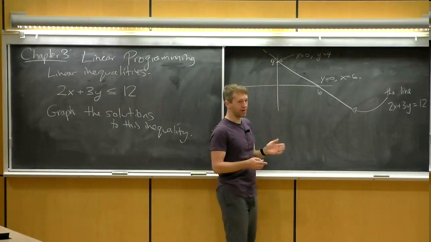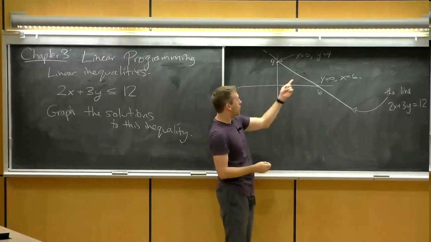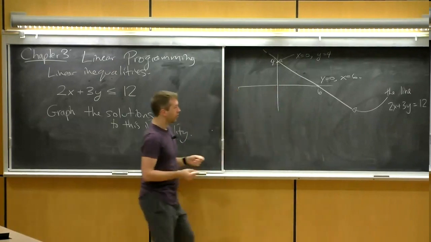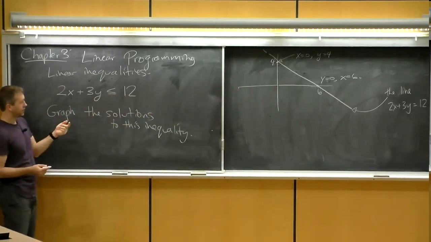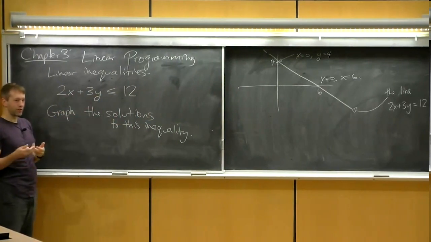It's going to be one or the other. On one side of this line, I've got the origin, which is a really simple thing, x equals 0, y equals 0. What you can do is plug in x equals 0 and y equals 0, and then ask yourself, is the inequality true in that case?